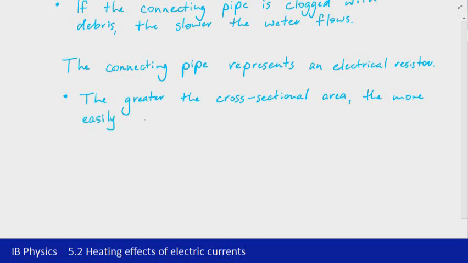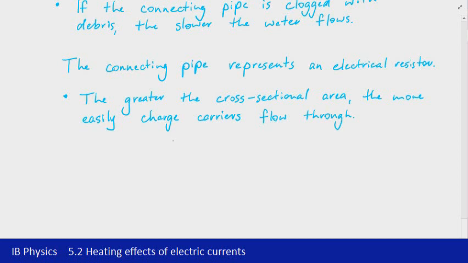So that means that with charge carriers moving through a conductor like that, with a wider cross-sectional area, it just means that those charge carriers can space themselves out more easily. They can move through much more effectively, and means that we can have more current flowing through.